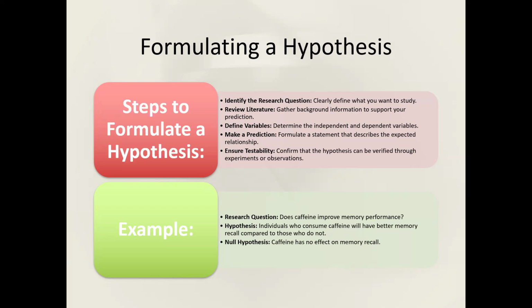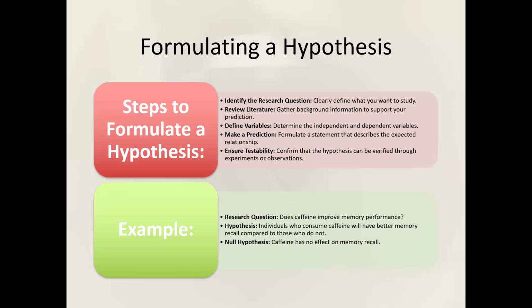You have to review different types of literature and gather background information which will support your prediction, which will support your research question, and then define the variables, which variables are independent and which will be dependent in this study. So you have to explain these independent and dependent variables, and make a prediction.